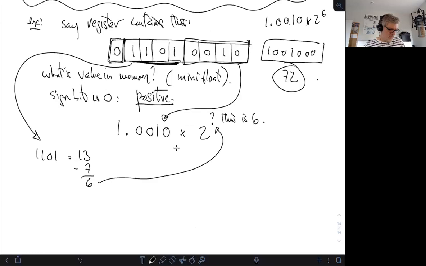Other questions? There was the single precision, but you can forget about that. Okay, if that's it, when you have questions, we can Zoom, even during the weekend if necessary.